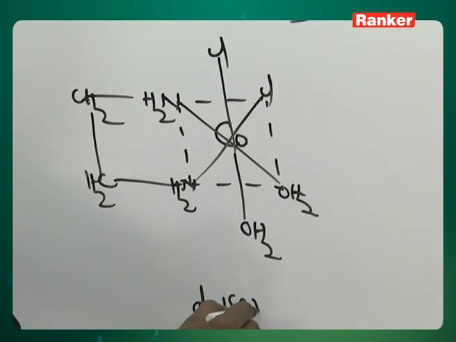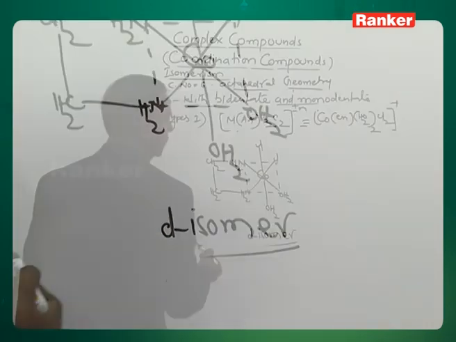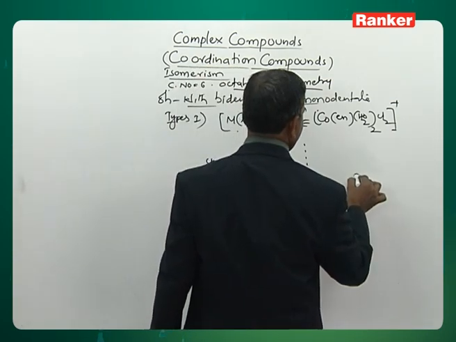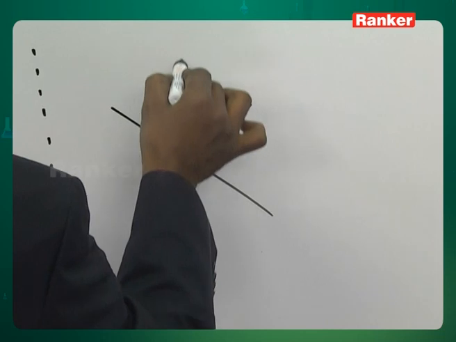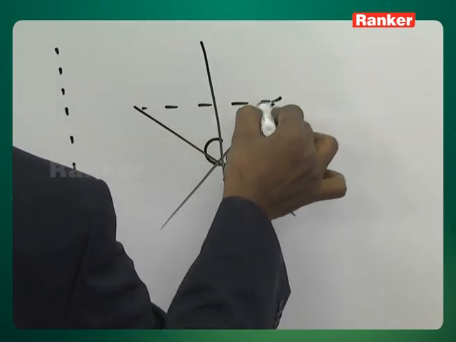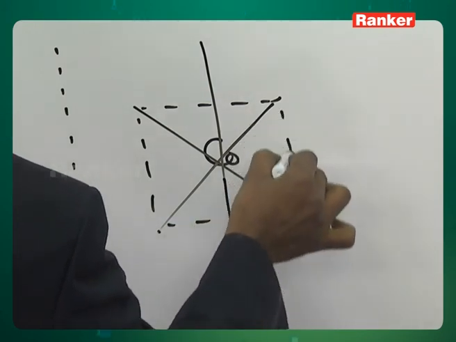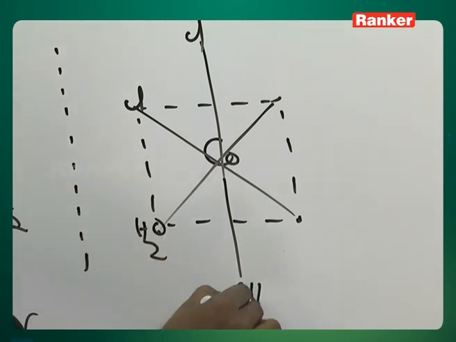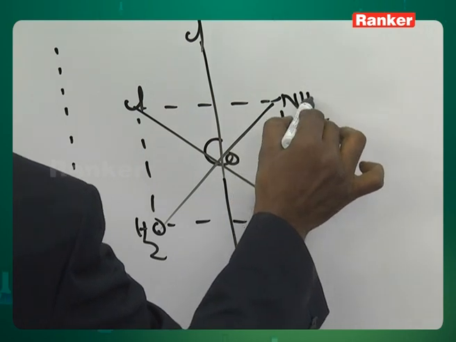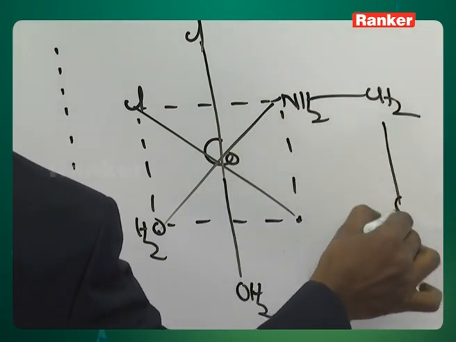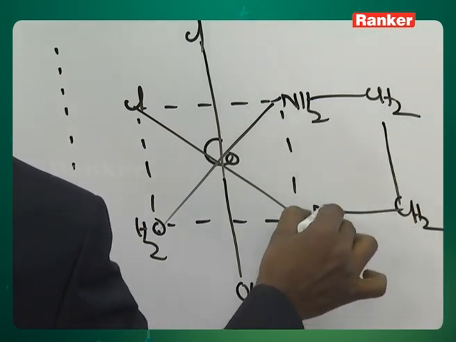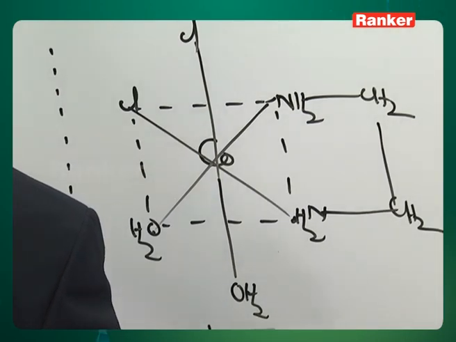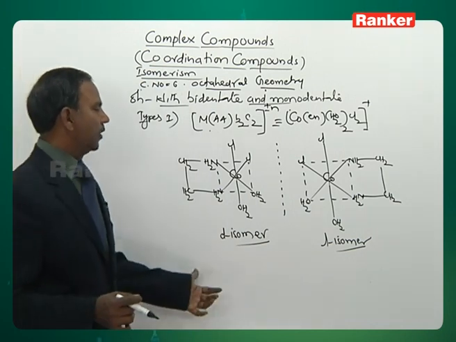Take this as D isomer. So, put the mirror plane, then D isomer, L isomer, like this.